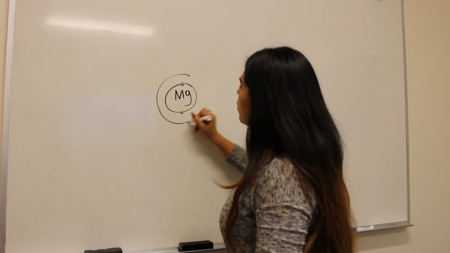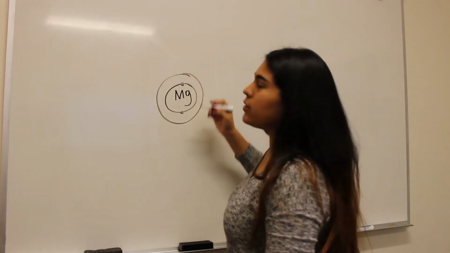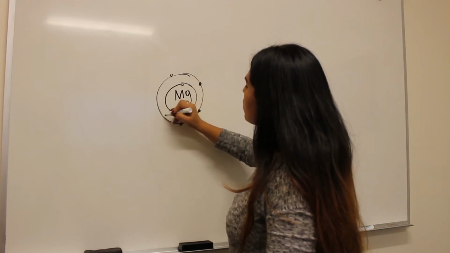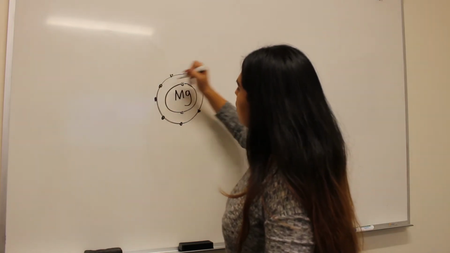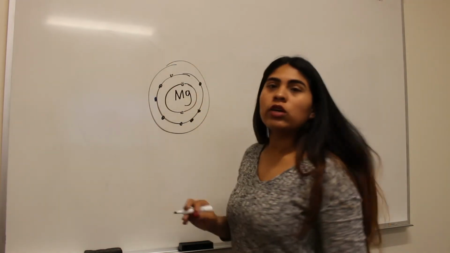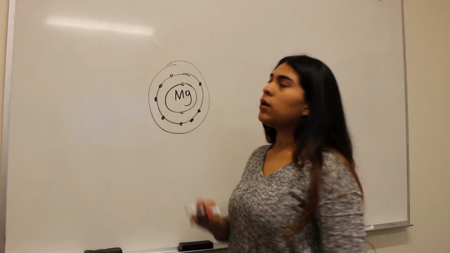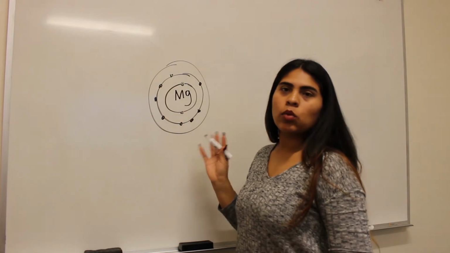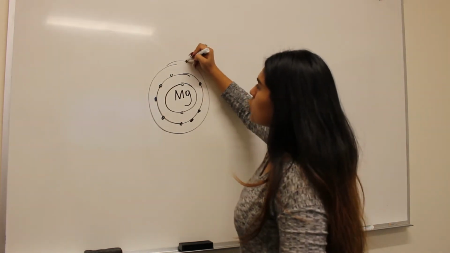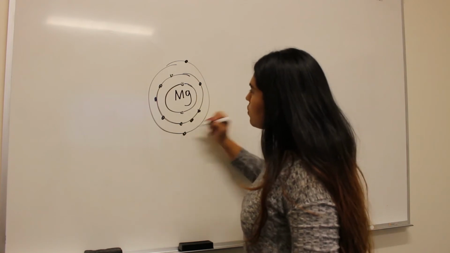The second shell holds 8. The last shell also holds 8, but given that magnesium only has 12, we only go up to 12. So that's an additional 2.